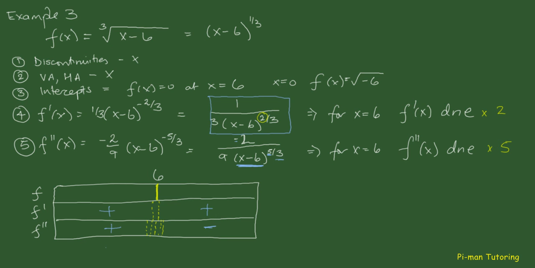So what do we have? We have a positive slope going to a positive slope, and we have a positive second derivative, which means curvature in this direction becoming curvature in this direction. Change in curvature implies that we have an inflection.